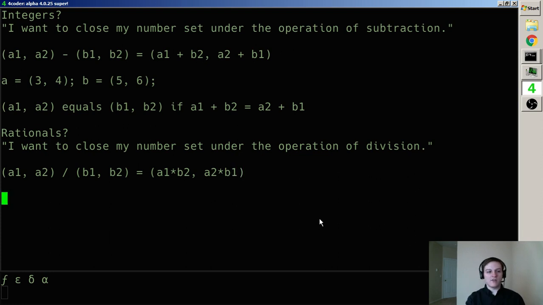We have an equality system: A1, A2 equals B1, B2 if A1 times B2 equals A2 times B1. And again, you should also check that all of the other operations are still preserved.